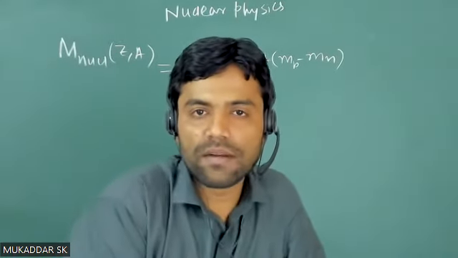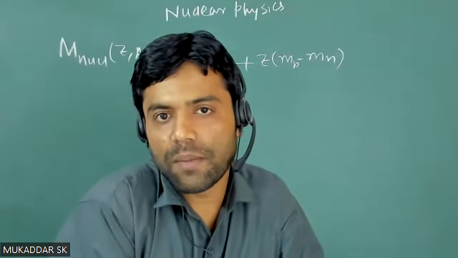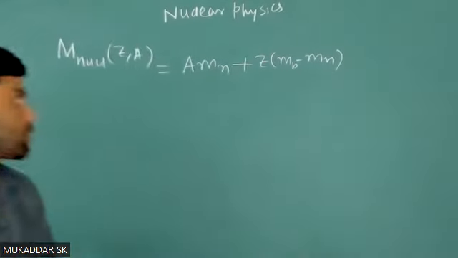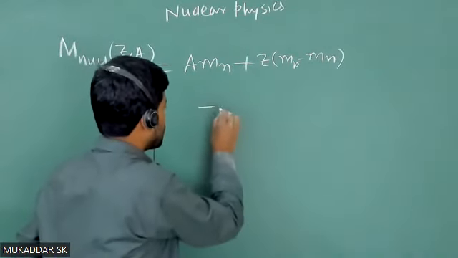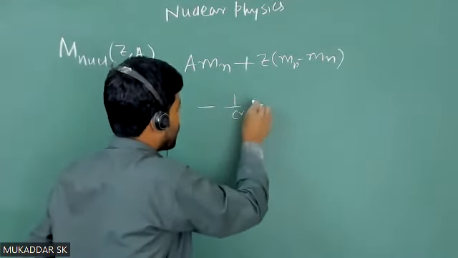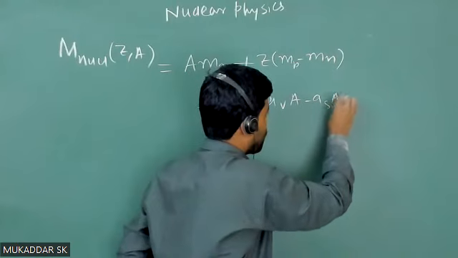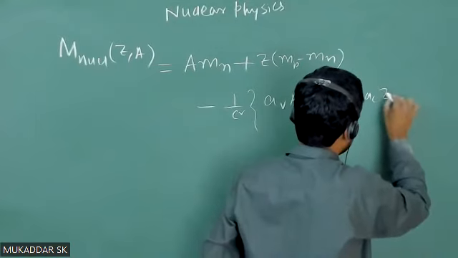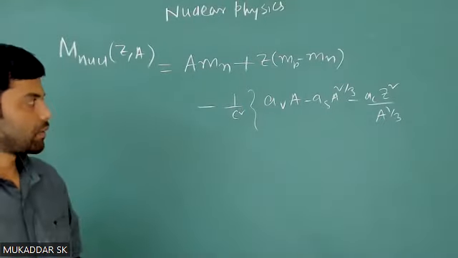है ना। फर्स्ट टर्म में क्या था आपका Z Mp, सेकंड टर्म में था आपका (A minus Z) into Mn। तो सेकंड टर्म को मैंने ब्रेक कर लिया, A into Mn लिख लिया, और जो Z वाले दो टर्म थे उनको कंबाइन कर दिया। सो आई कैन राइट Z into (Mp minus Mn), नो प्रॉब्लम। And then you have 1 by c square and a v, a s A to the power 2 by 3, right? a c Z square by A to the power 1/3, right?